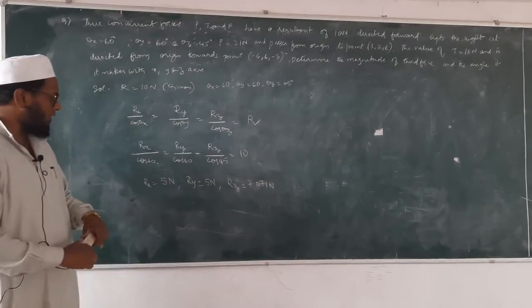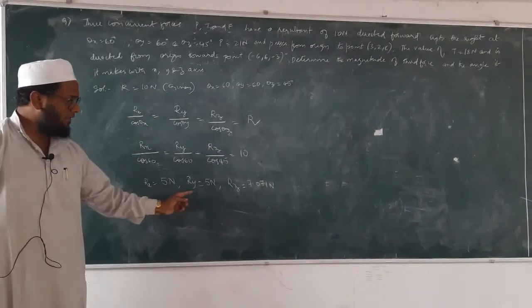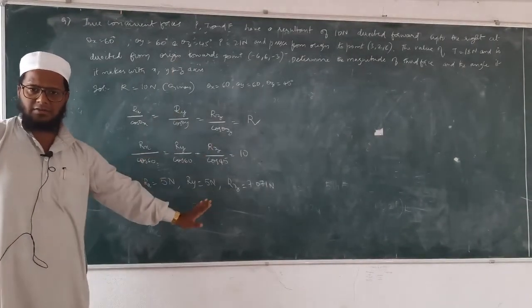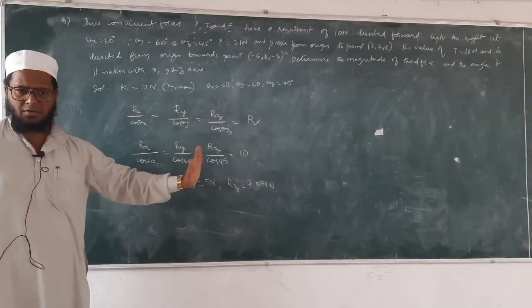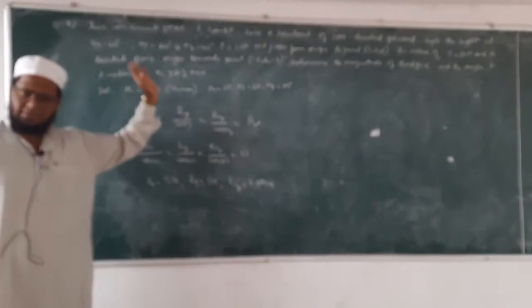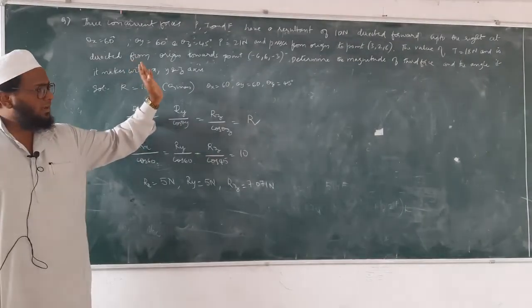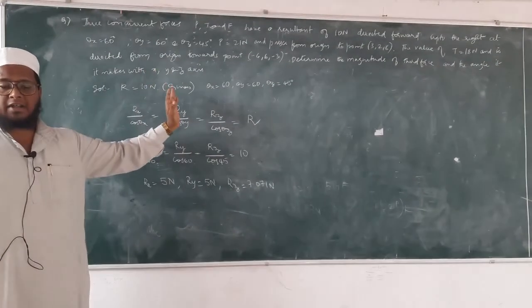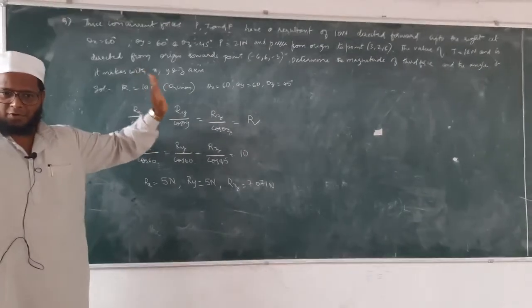So we got the values of Rx, Ry, Rz. Till here, no doubts, because whatever we have calculated here, we already calculated in the previous problems, right? Now we'll formulate our force vector.